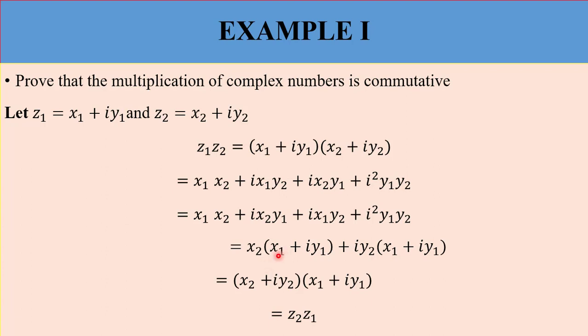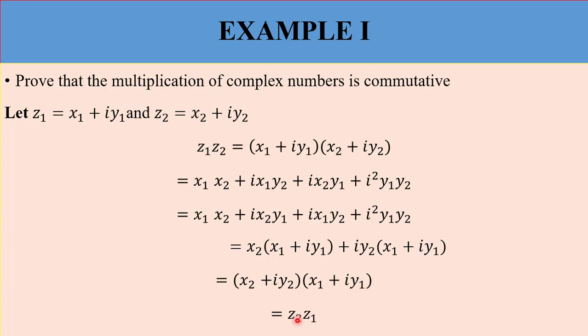So in these two terms we have x1 plus iy1 being common, we can factor it out, and we shall remain with (x2 plus iy2) into (x1 plus iy1), whereby x2 plus iy2 is z2, and x1 plus iy1 is z1.